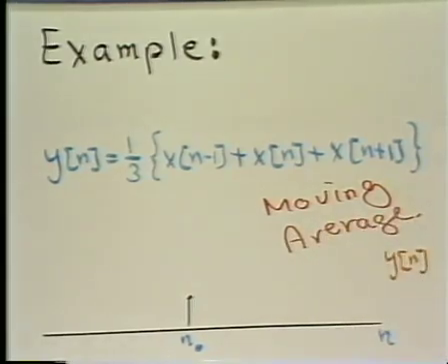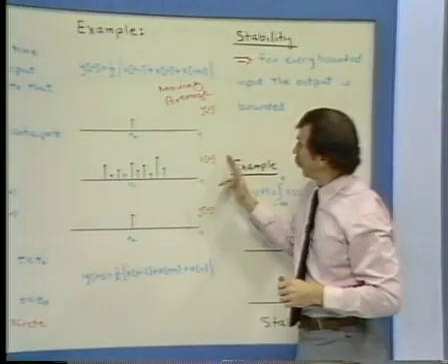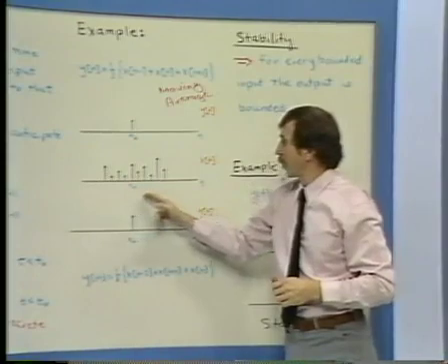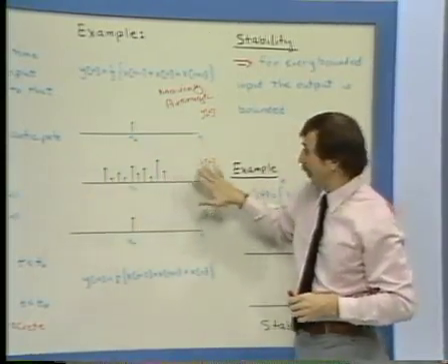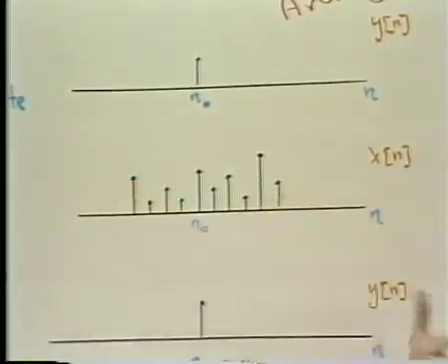And so if we think of a moving average, if we have here a sequence x of n, with other values going off in both directions.